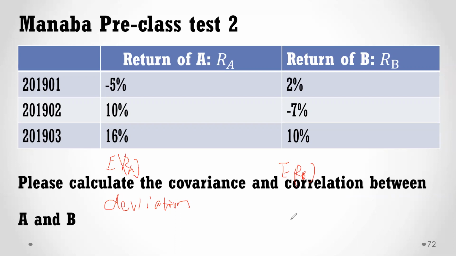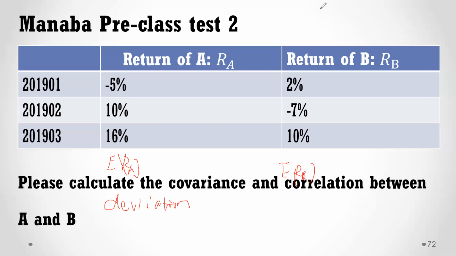To calculate the correlation, you need to standardize the covariance by the A and B standard deviations. That means you also need to calculate the standard deviation of A and B yourself. Finally, you standardize the covariance by the standard deviations, and you get the correlation.